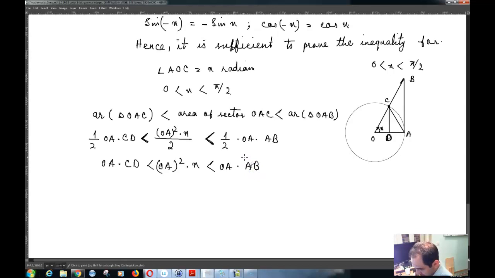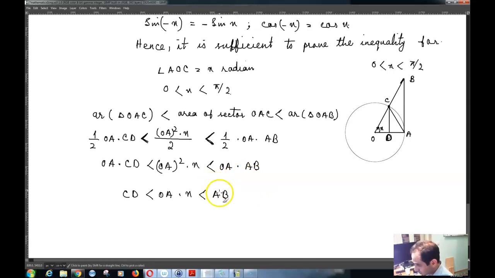And again, since OA is a length, it's a positive value, I can divide by OA as well. So dividing by OA, I'll get CD is less than OA times X is less than AB.